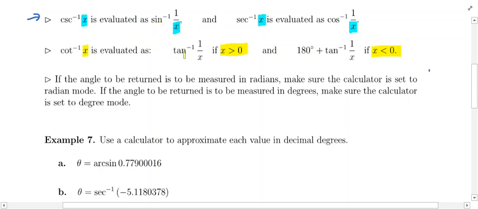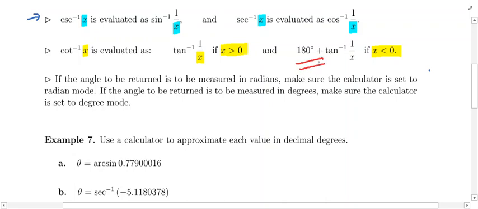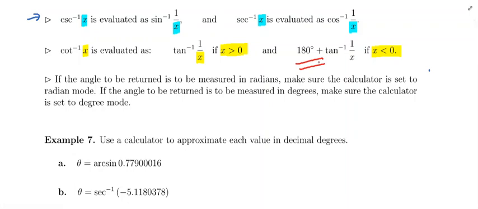So it's going to be the tangent inverse of 1 over x. However, if the x value is negative, you have to do that calculation, tangent inverse of 1 over x, but then you have to add 180 degrees to ensure that you end up in the right quadrant, is essentially what's going on there, okay? So these are the protocols you need to follow for evaluating inverse trigonometric functions on your calculator.